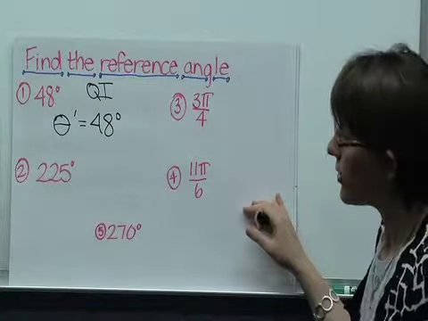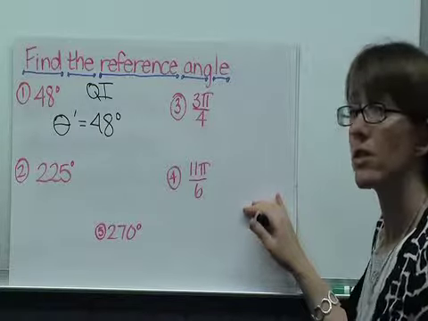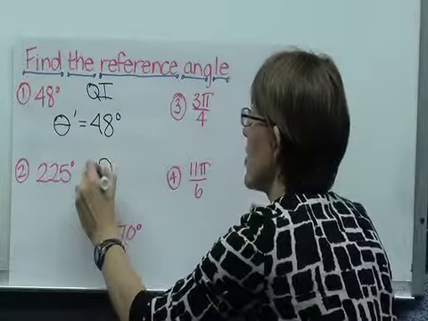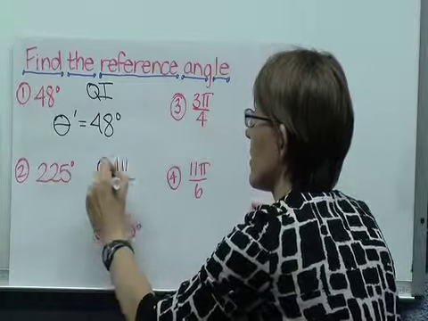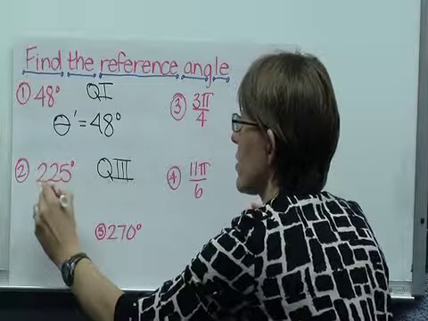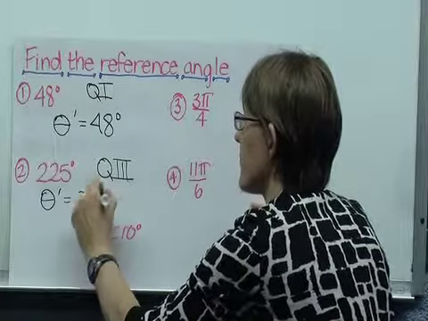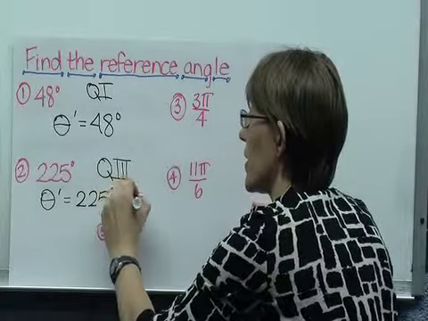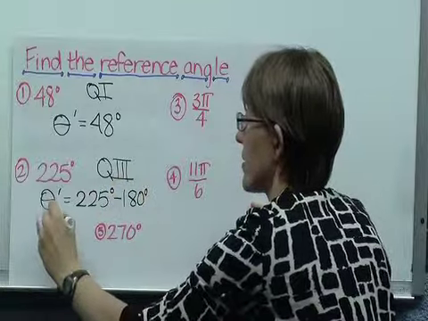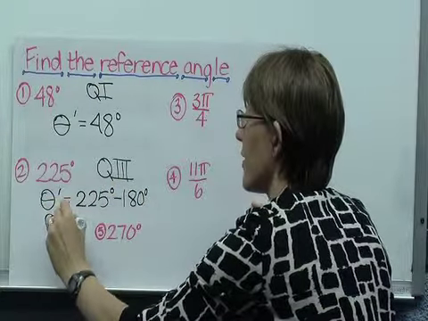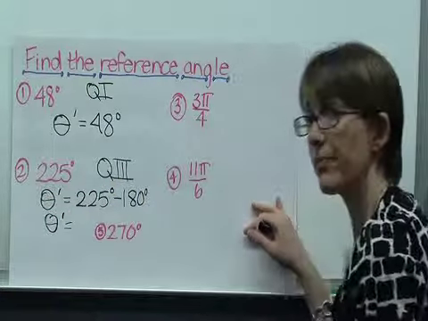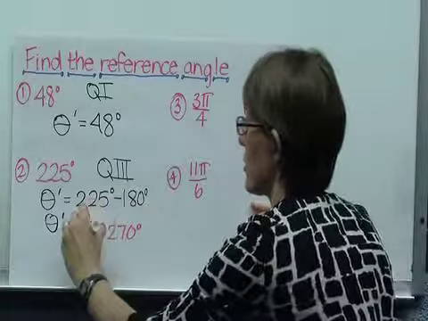In problem 2, my angle is located in quadrant 3. In quadrant 3, the rule is the angle minus 180 degrees. That means that my value for theta prime is 45 degrees.